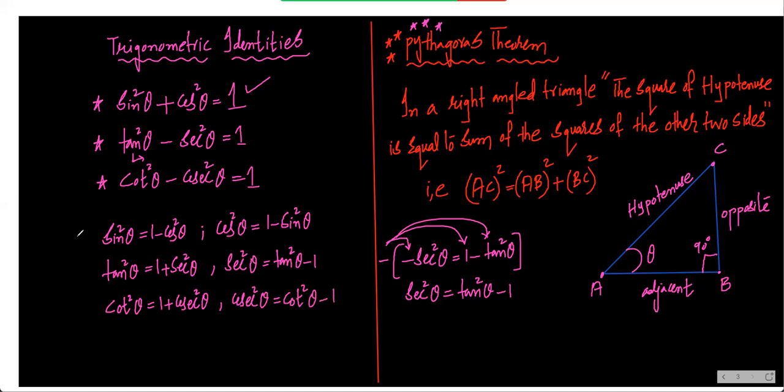So these are also the formulas of trigonometry in terms of cos, in terms of sine, in terms of secant, in terms of tan, in terms of cot, and in terms of cosecant. This also you have to remember while doing the problems.